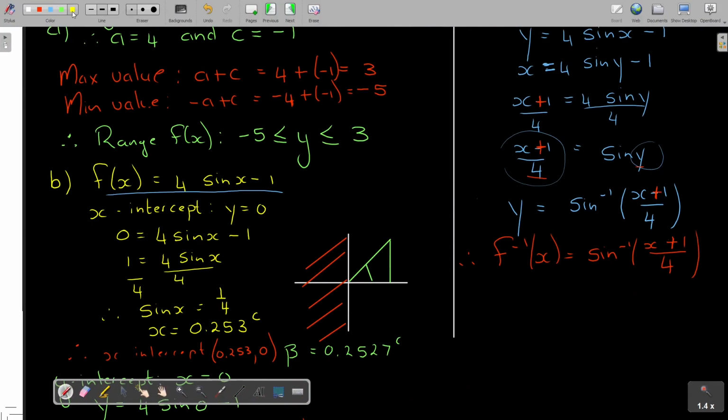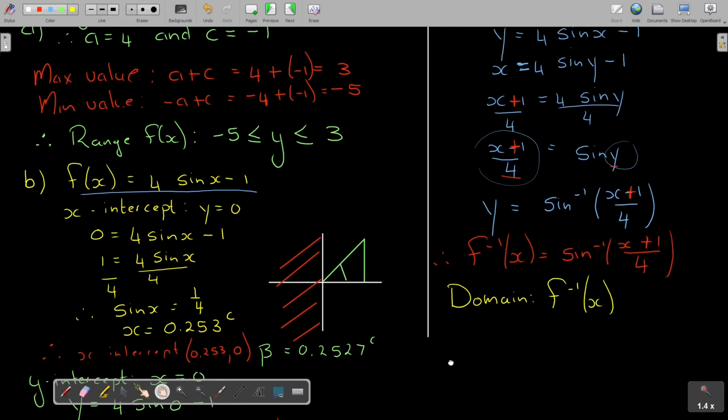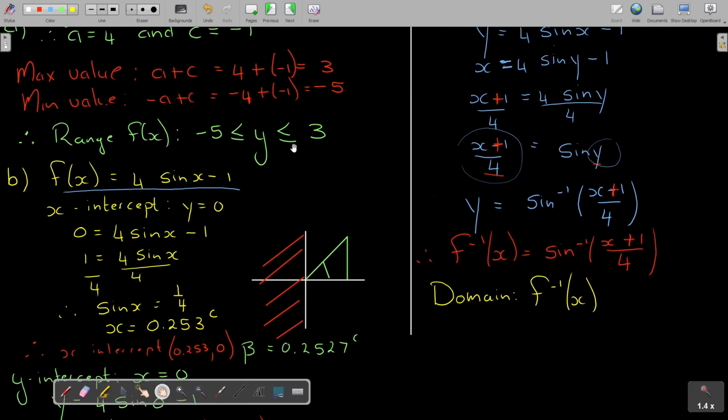So the domain of f minus 1 of x will be this one's range, but you will write the x. So you will say x is bigger than or equal to negative 5 and smaller than or equal to 3.